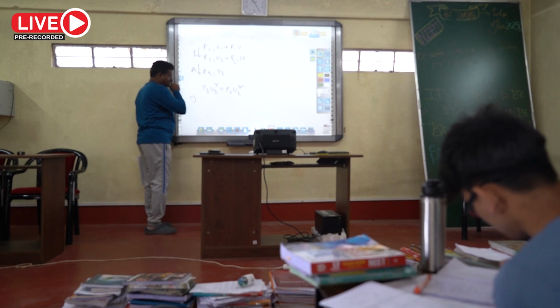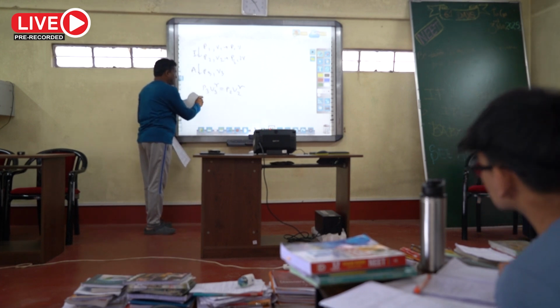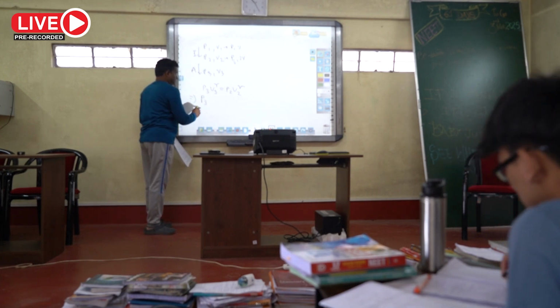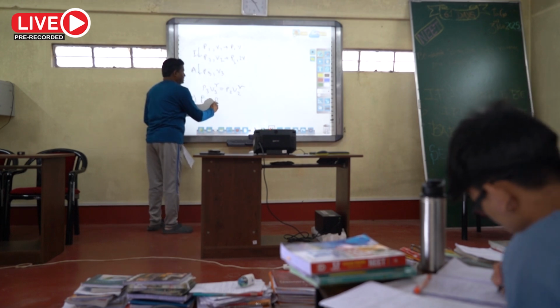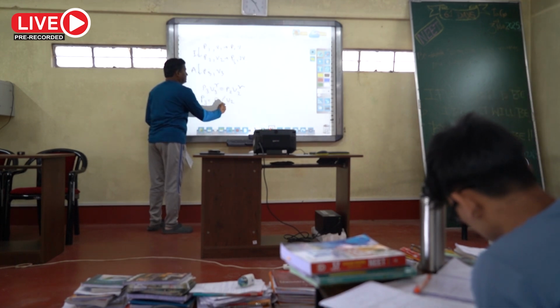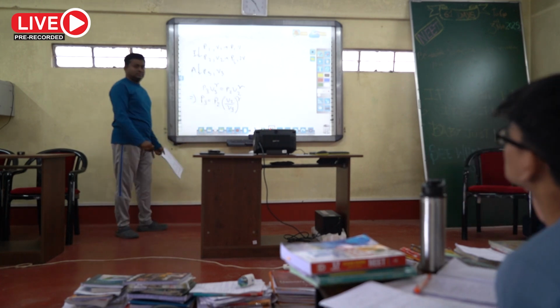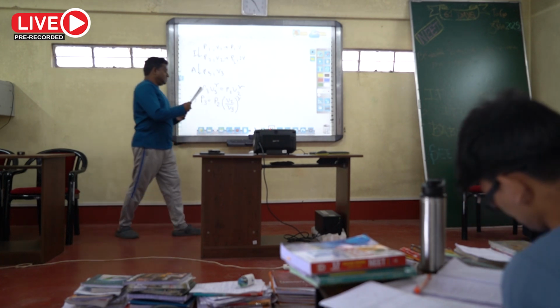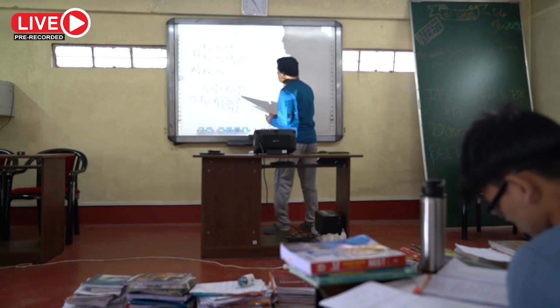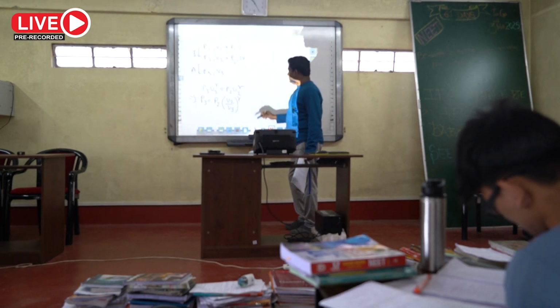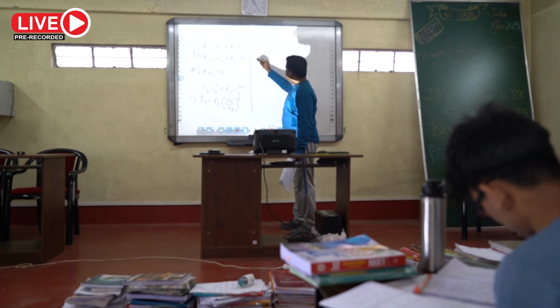Then P3, that we have to find out, is equal to P2 into V2 by V3 to the power gamma. We already calculated V2. V2 is 2V. P3 equal to P2. P2 means P by 2.